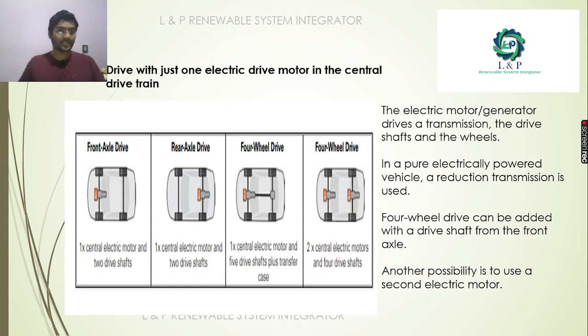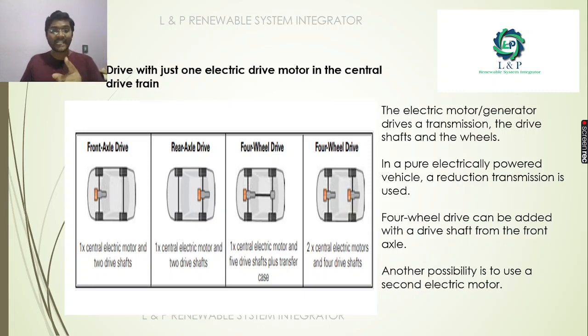four drive shafts. So in all the concepts, you are pretty much clear. In the front axle drive, the rear axle drive, and the four-wheel drive, only one central electric motor is used. Only the number of shafts, the locations, and the transfer case are different. In the front axle drive, apart from the central electric motor, we have two drive shafts.